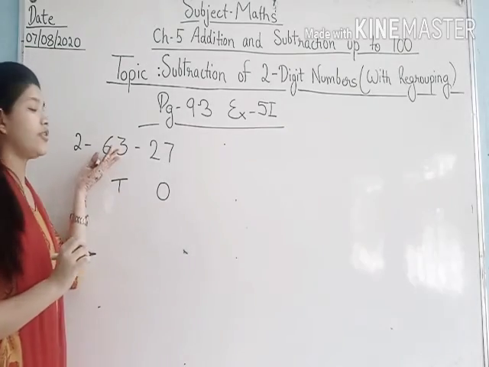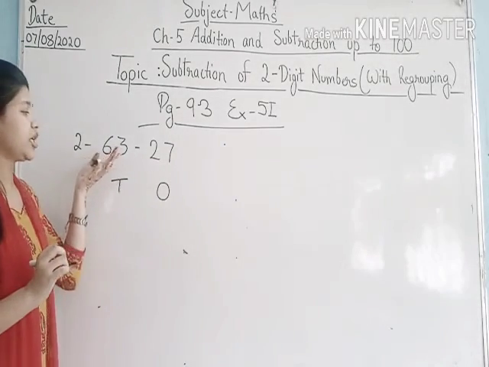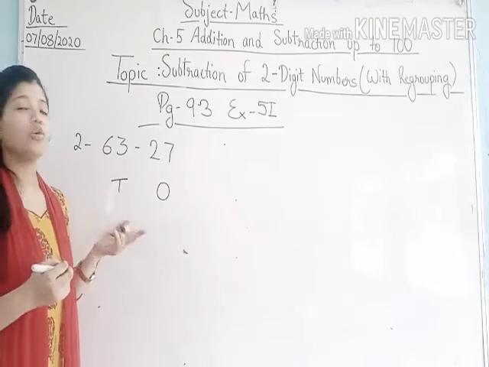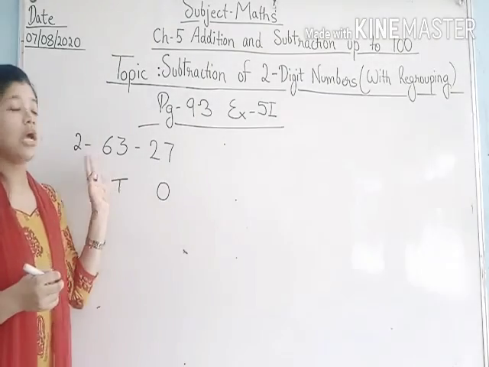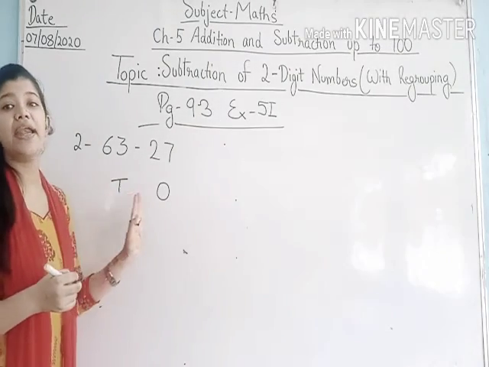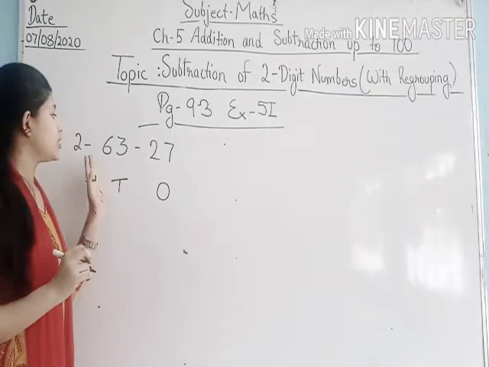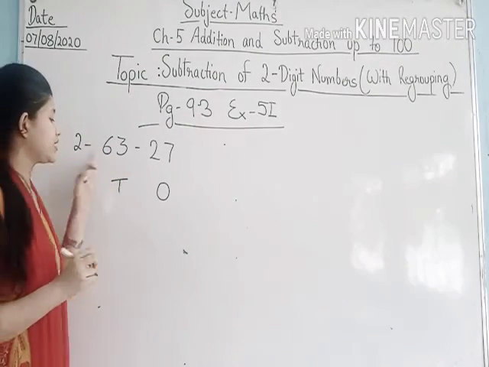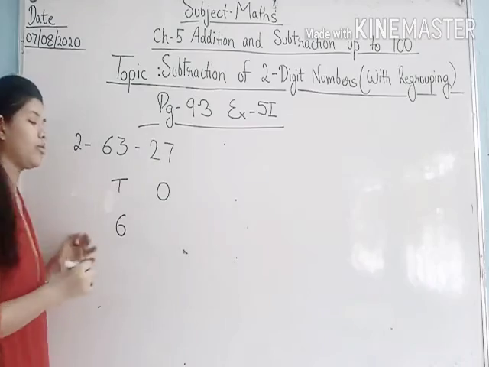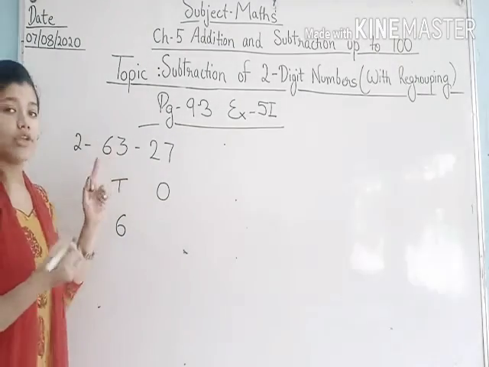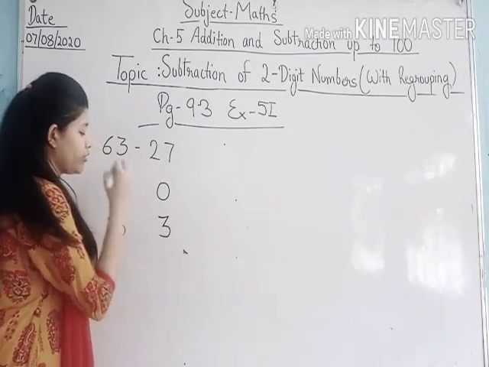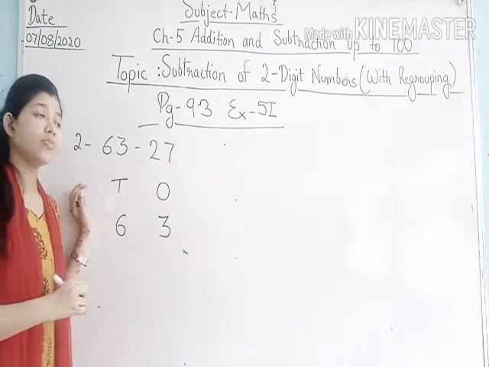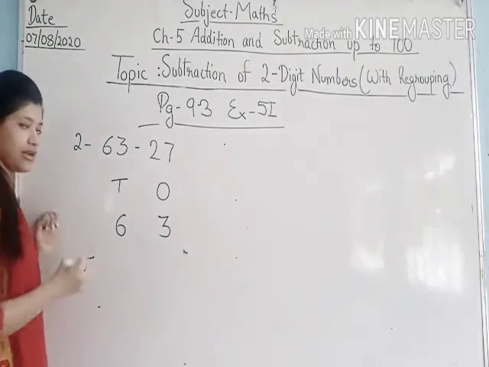Now in the first number, that is number 63, we will arrange this number under the column of tens and ones. Okay, so in number 63, 6 will be placed under the column of tens and 3 will be placed under the column of ones. Okay, now let's put minus sign.